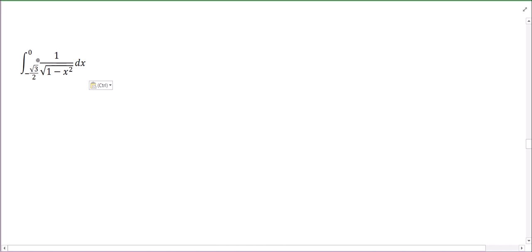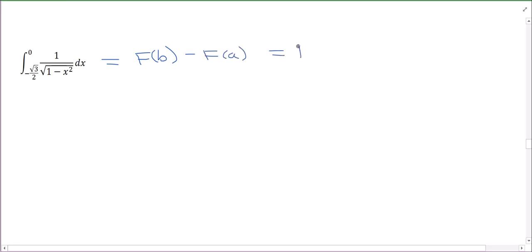Here, I recognize this as something that we can just do by looking at it. 1 over the square root of 1 minus x squared is the derivative of inverse sine. So that means that here I can just go straight to the fundamental theorem of calculus and say this is going to be F of b minus F of a.